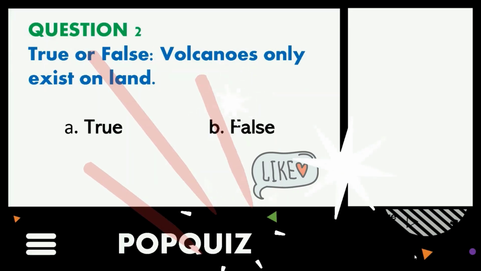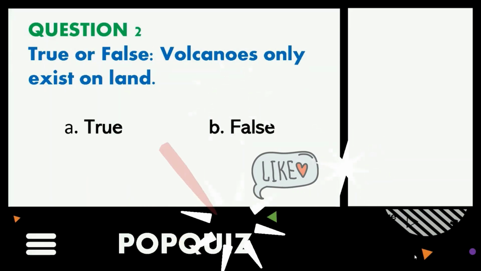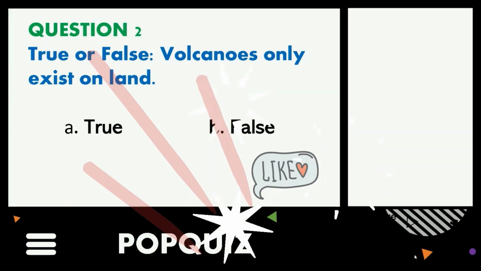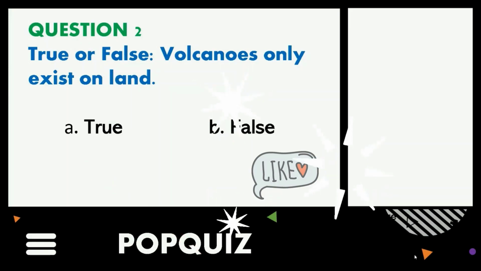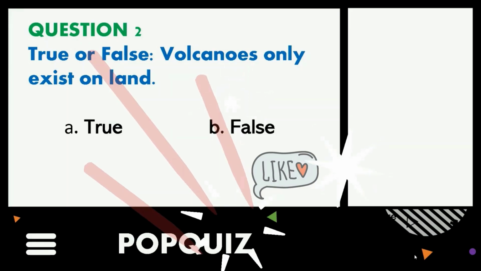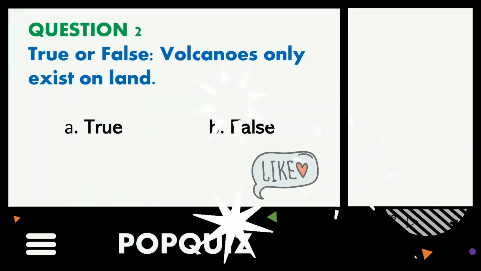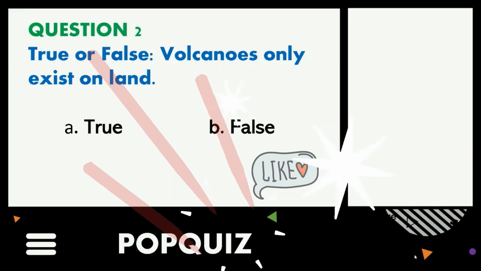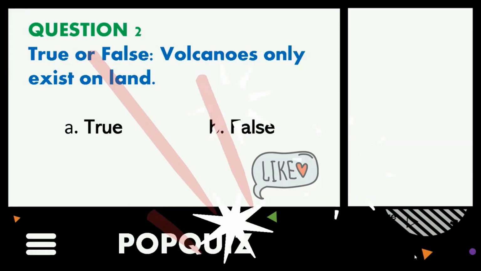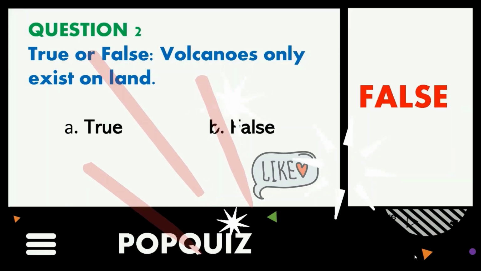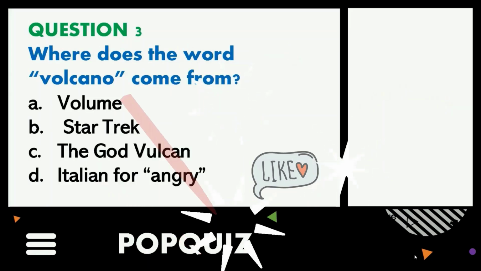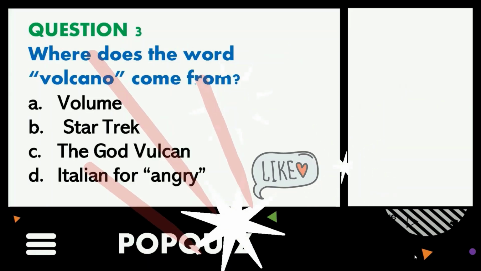Question number 2. True or false? Volcanoes only exist on land. Is it A, true, or B, false? And the answer is false. Question number 3.